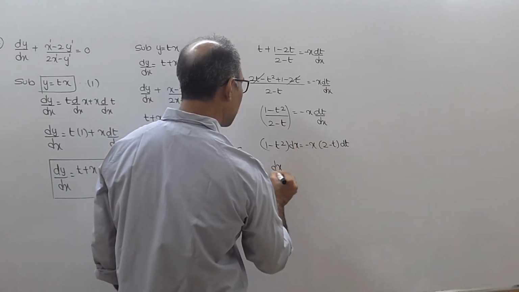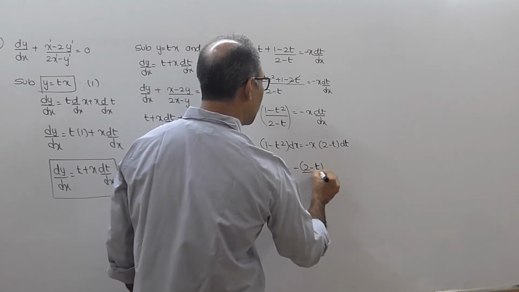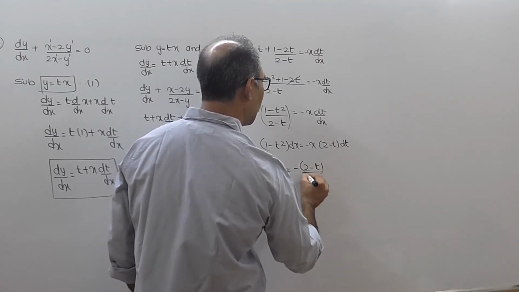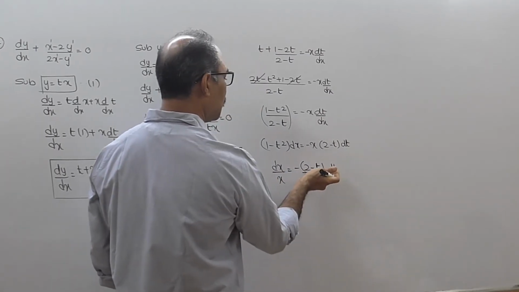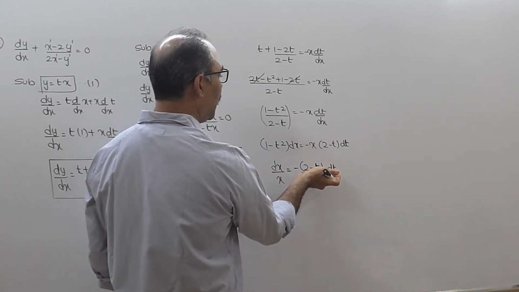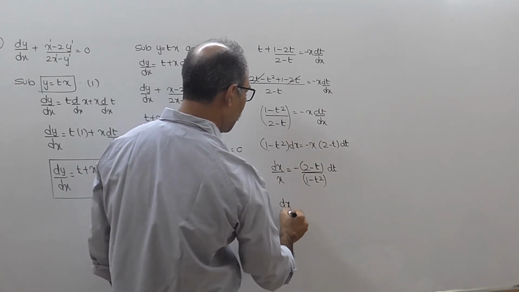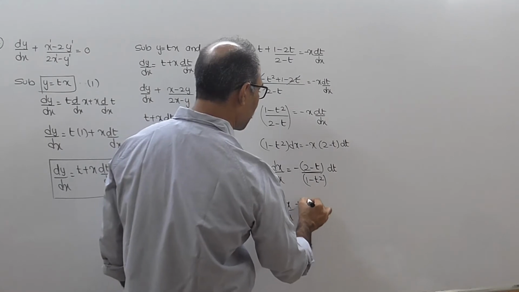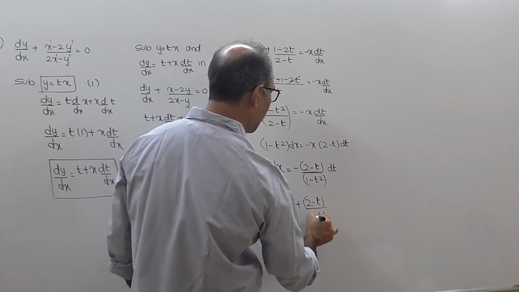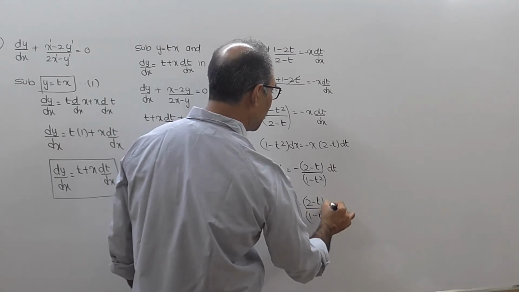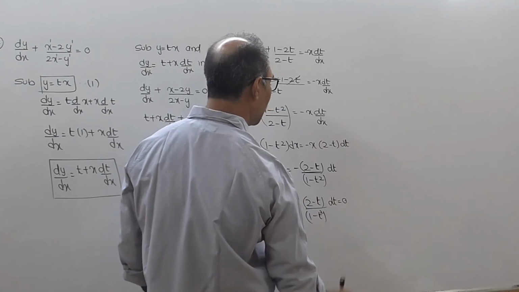So dx upon x equal to minus (2 minus t) upon (1 minus t square) followed by dt. Now get that entire dt terms to the left. So I think I should get dx upon x plus (2 minus t) upon (1 minus t square) dt, and that is equal to 0.